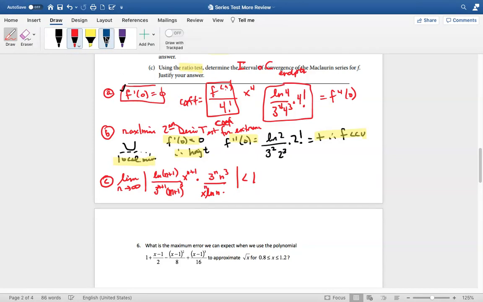And then you know what's going to happen with that. The x is going to come out front. Right, so I'm going to deal with that. The 3 to the n is going to go away and leave a 3 down there. I'm going to gather my ln's together. Whoops. Whoa, my pen just freaked out.